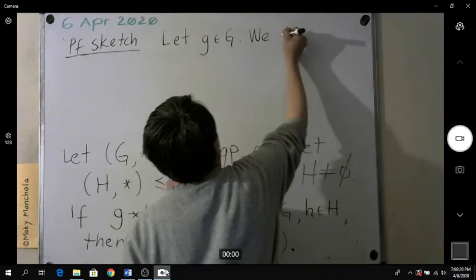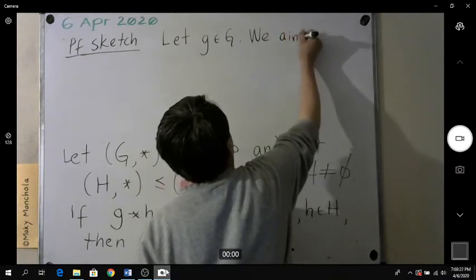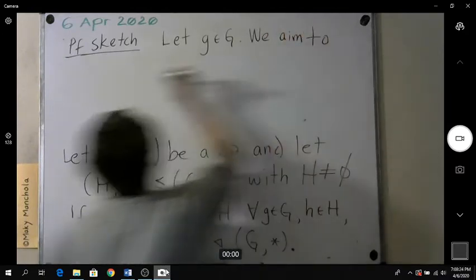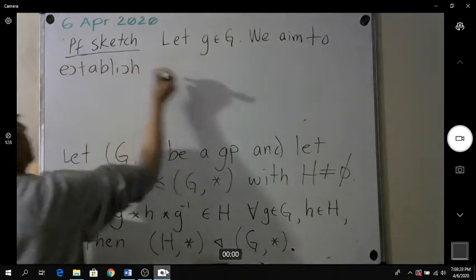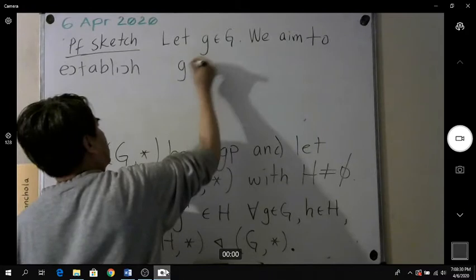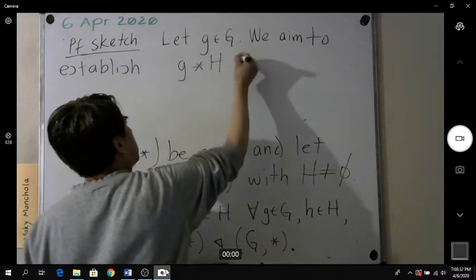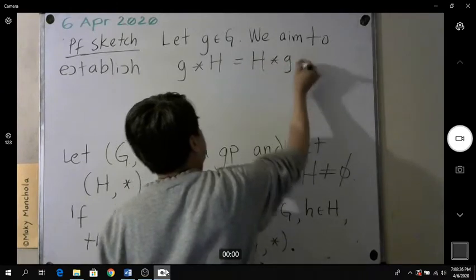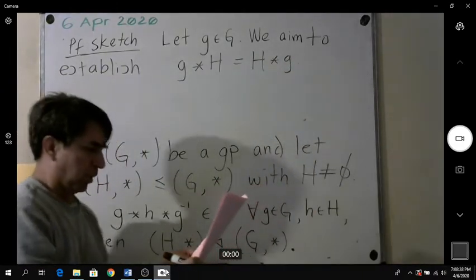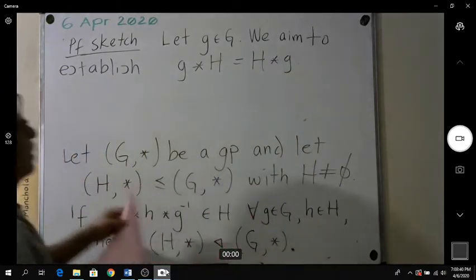So we aim to establish g star H equals H star g. Our method is the following.